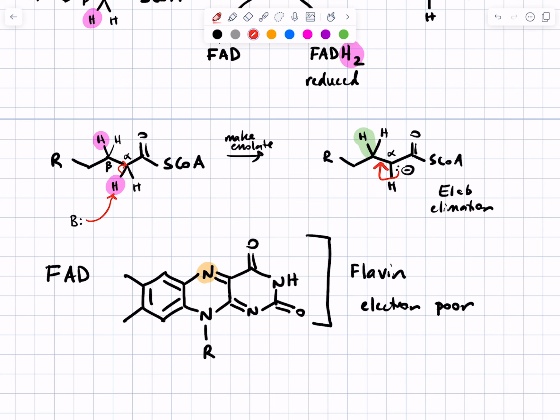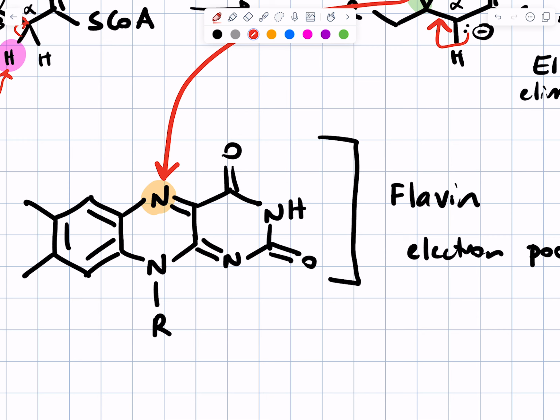Now, again, just as with the NAD+ mechanism, hydride is not floating around in solution saying hello to everybody. It's not stable. It's handed off directly to FAD, and the only reason it can leave is because it's handed off directly to FAD. It's going to go to that electron-poor nitrogen. What happens next is necessary to not break the octet rule.